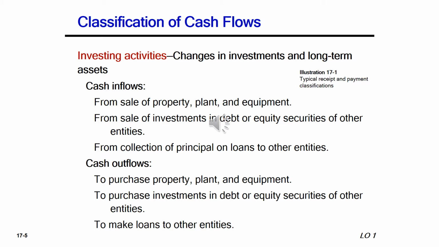On the outflow side, however, we can see the cash outflows that went out to purchase property, plant, and equipment, or to purchase investments in debt or equity securities of other entities, and to make loans to other entities as well.